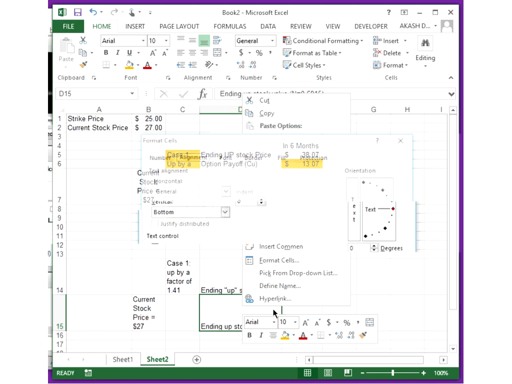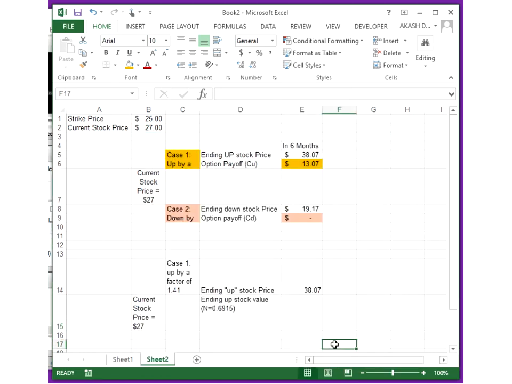So if we had 1,000 shares of Microsoft, in order to hedge the portfolio, you would have to get 690. Yes. By a factor of 1.41, that is 41%. Yes.